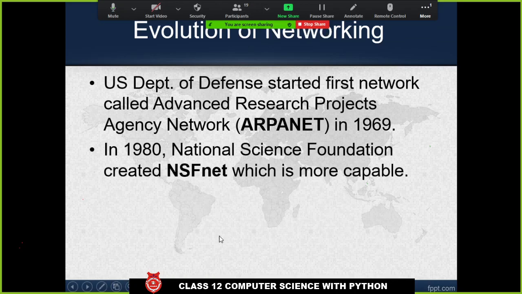When you say evolution of computer network, it started in USA in 1969 under the project called ARPANET, which is Advanced Research Project Agency Network.